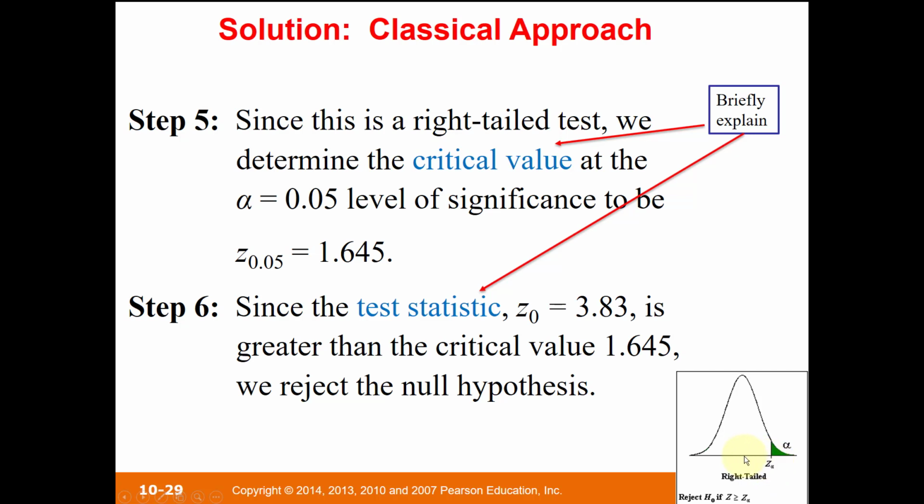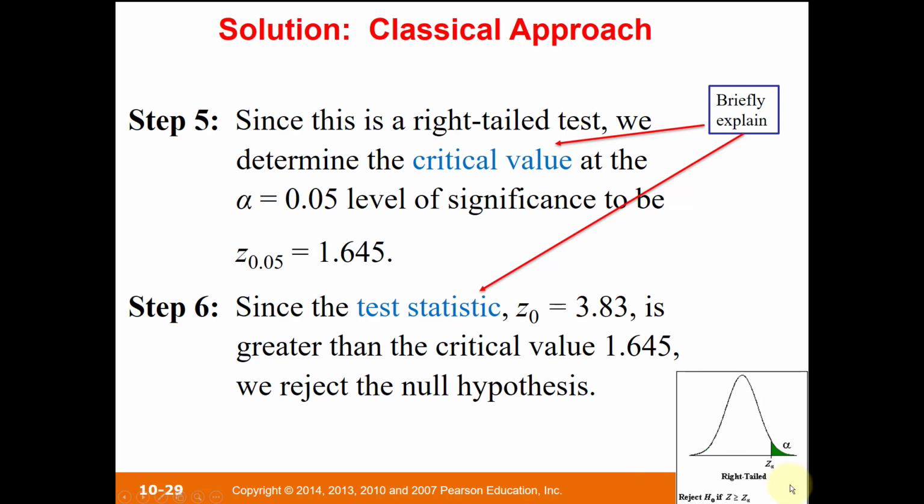0 will be in the center. Remember, standard normal. And if we move out here 1.645 standard deviations, that'll be the threshold for causing us to reject the null hypothesis. Okay, so the test statistic is 3.83, so the test statistic is way beyond the critical value. The critical value marks the beginning of the reject zone. It's based on the value of alpha. It changes with alpha.